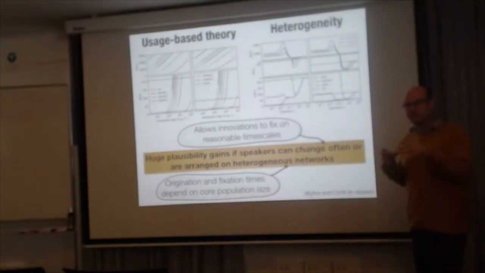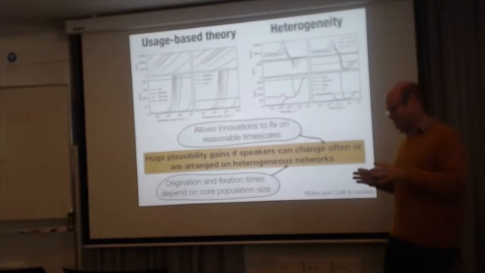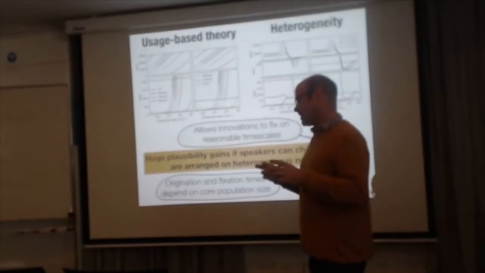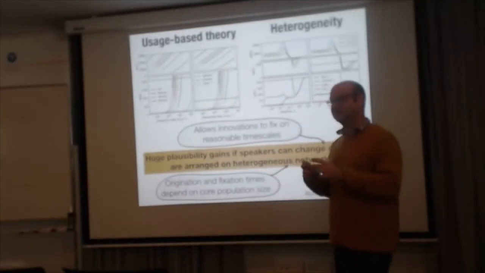You can identify a core group of people who essentially have the power to change the language, and then a peripheral group who don't. And in these network models, what you find is that the core group varies quite weakly with the total population size.